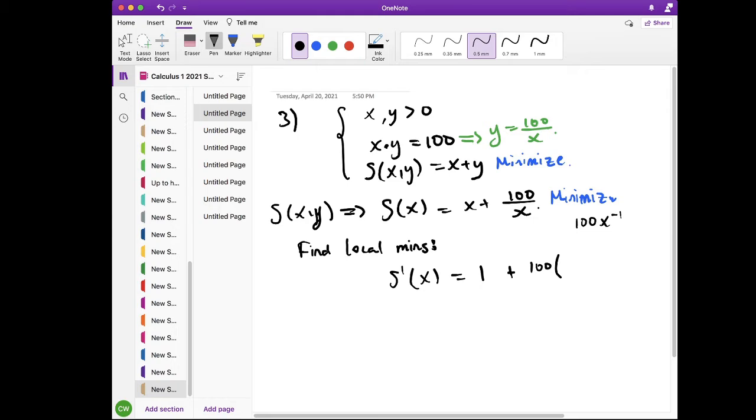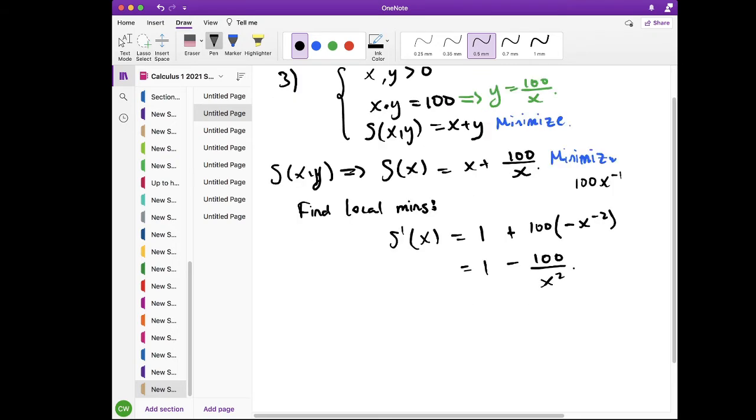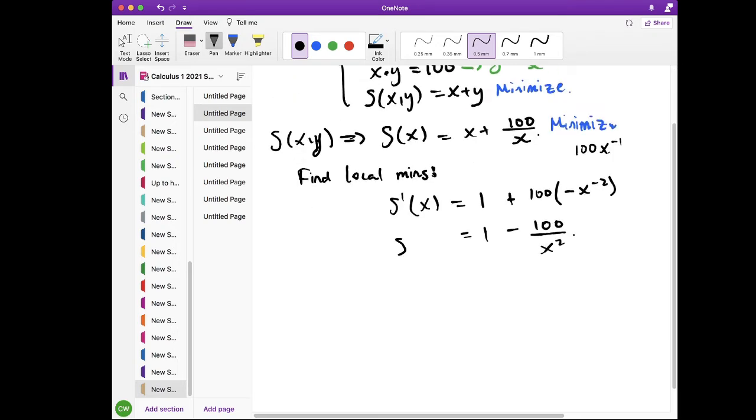Good, yeah, so it's 100x to the -1, and then just by the power rule, it's -x to the -2. So s prime is 1 minus 100 over x squared. What it might be nice to do is combine the fraction. I always recommend combining the fraction.